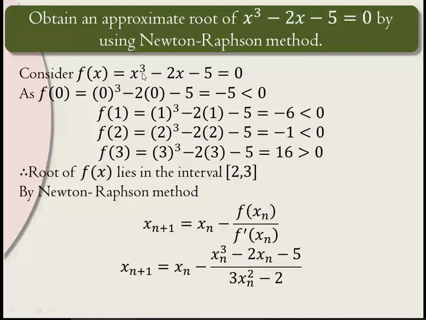Now wherever you can put the values of n, take n = 0 and an initial value between 2 and 3. You can take any initial value; I'm taking x naught as 2.5, you can take one of your choice, no problem. Then put n equal to 0, do the first iteration, then whatever new value we get, use that value to find the next iteration.